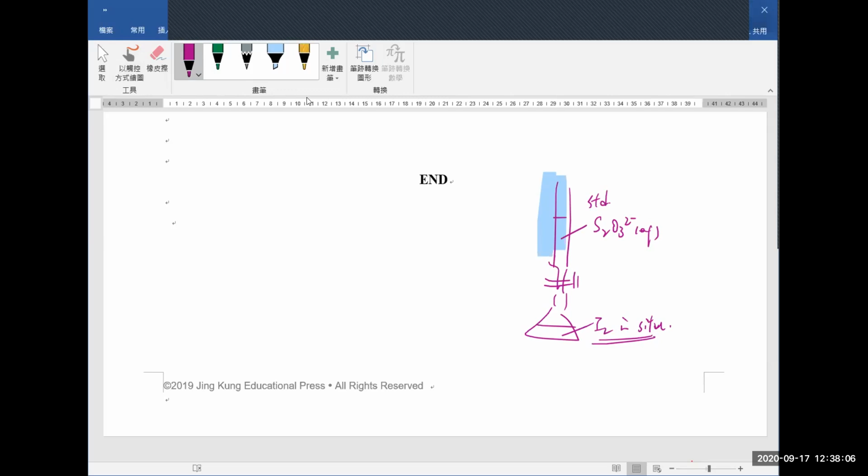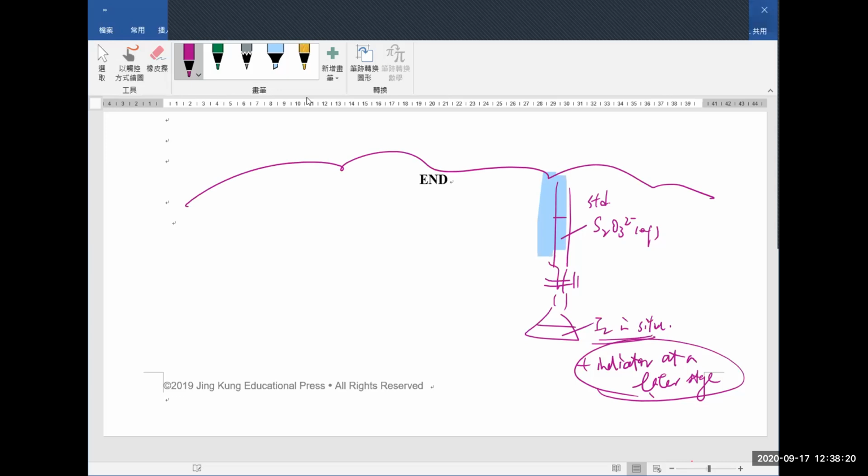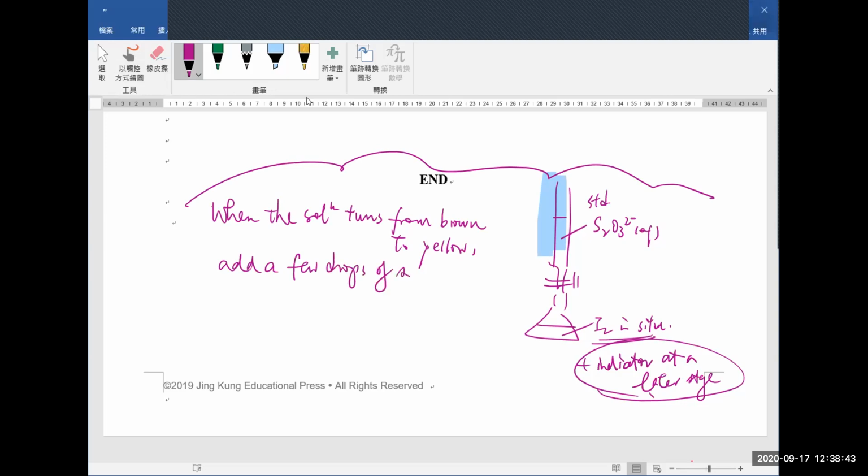For this case, we are going to add the indicator at a later stage, because iodine will react with starch solution. So for this very special case, you are going to wait until the solution changes from brown to yellow. You are going to add a few drops of starch solution.